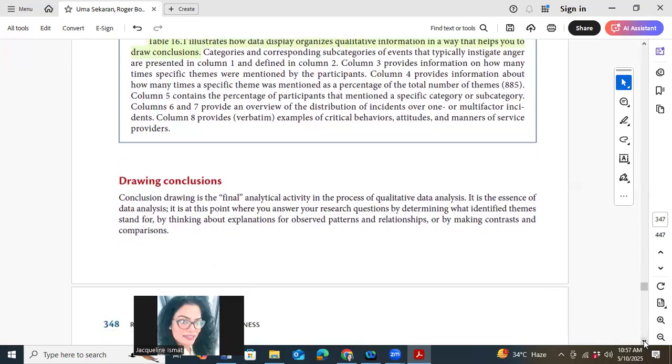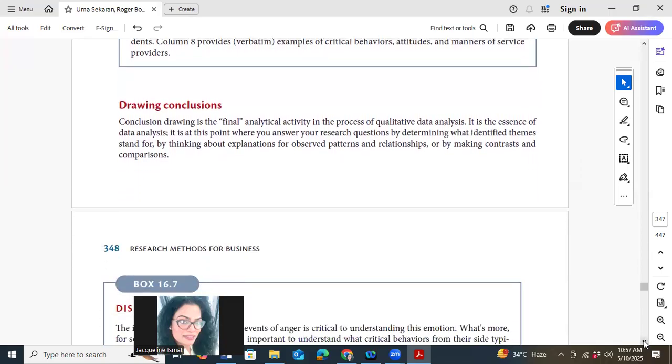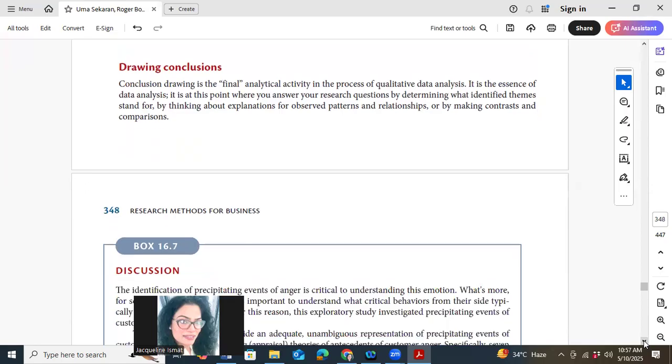What conclusion are we drawing? Conclusion drawing is the final analytical activity in the process of qualitative analysis. It is the essence of data analysis. It is at this point that you answer your research question by examining what the findings stand for, explanations of observed patterns and conditions.